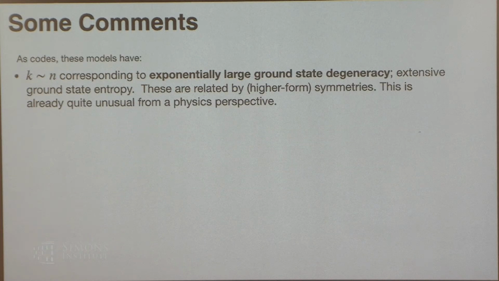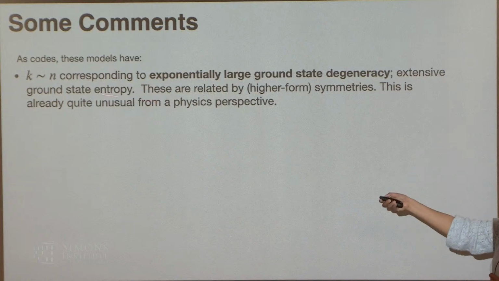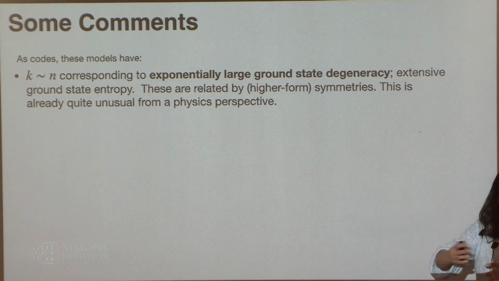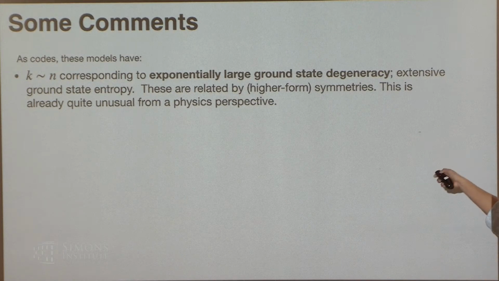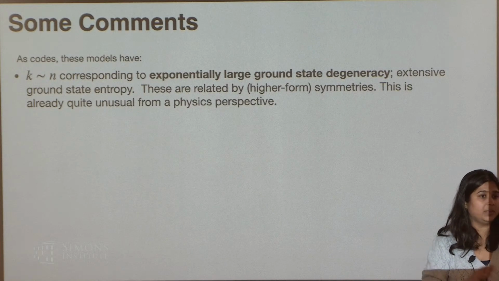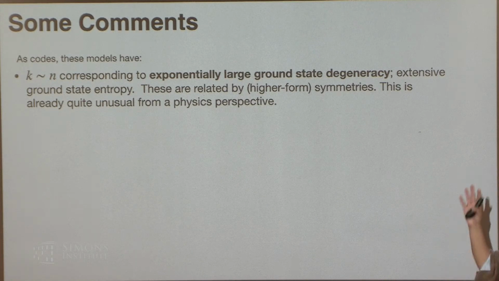Okay. As codes, as I said, these models have this exponentially large ground state degeneracy, or an extensive ground state entropy. These exponentially large ground states are related by symmetries. If you're talking about topological codes, these are often higher form symmetries. But already from a physics perspective, having an extensive ground state entropy is quite unusual.